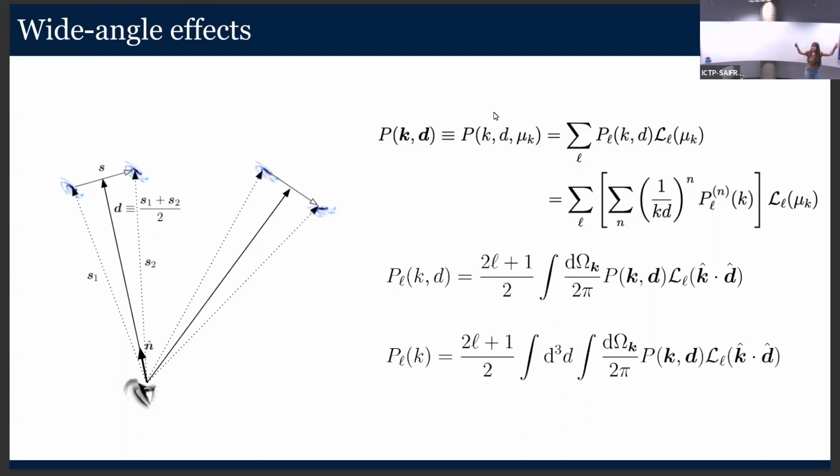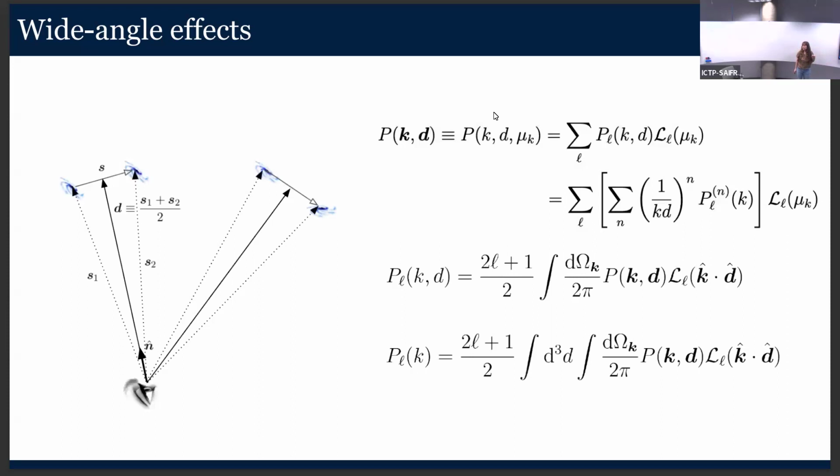Your 3D power spectrum or bispectrum depends only on the wave mode that you're looking at and the angle that this wave mode makes with your line of sight. But as soon as you have these wide angle contributions, this pair has a very different line of sight than this pair. So your power spectrum now depends not only on two variables, k and mu, but k, mu, and d. What is the line of sight to the observer?